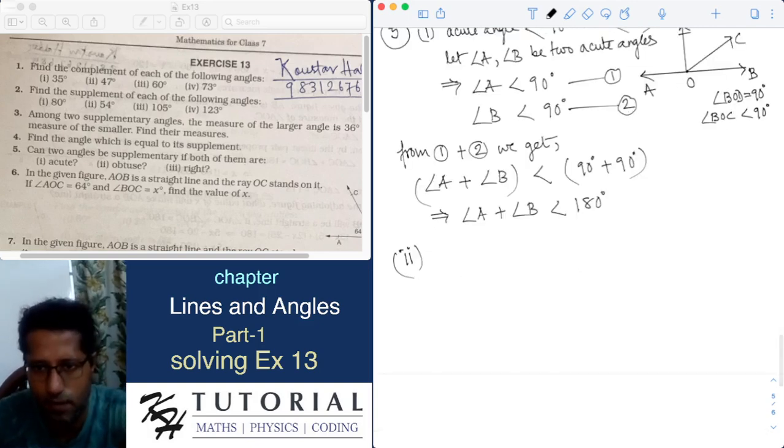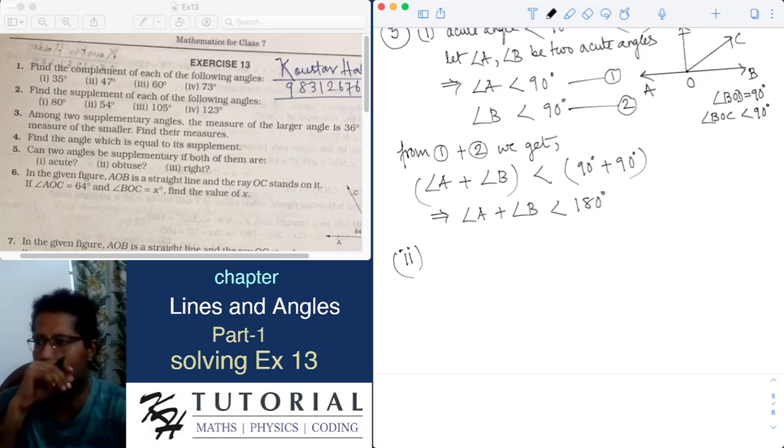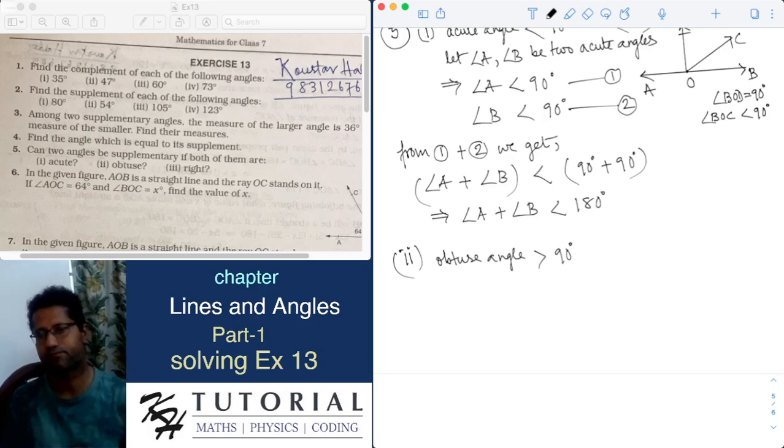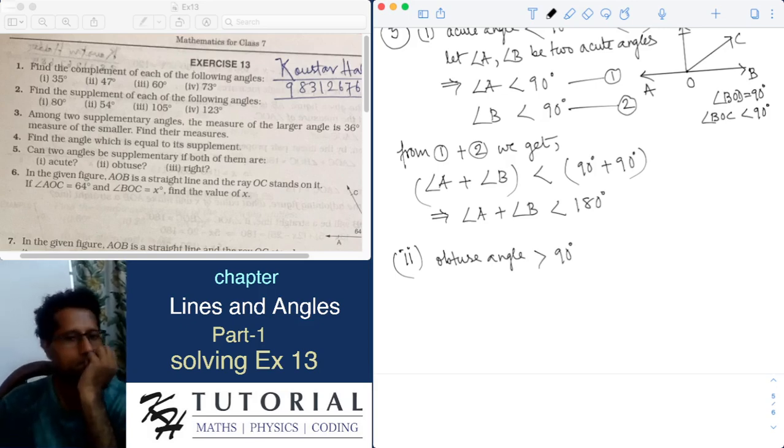Now for obtuse angle, what is an obtuse angle? I think an obtuse angle is greater than 90 degree.